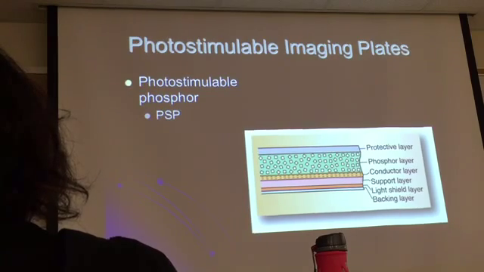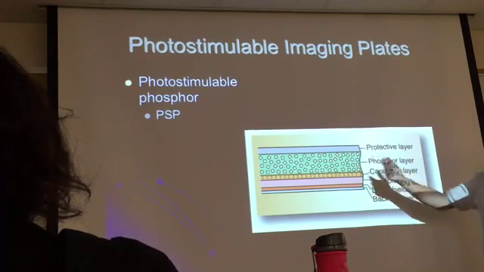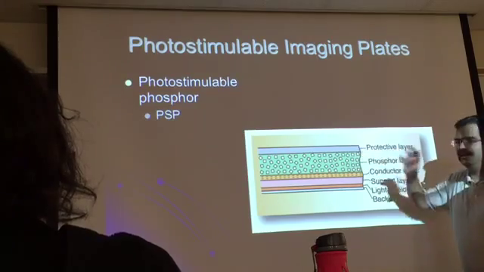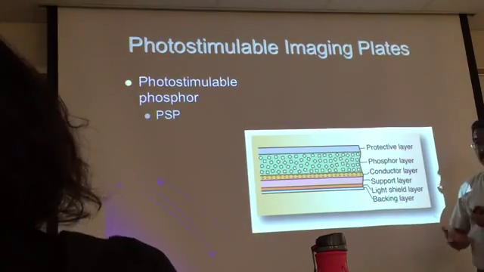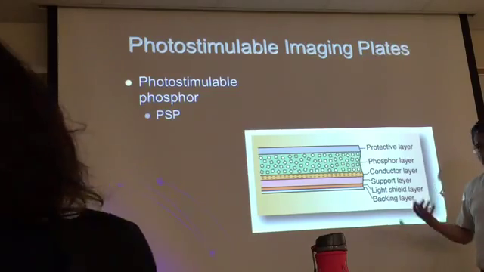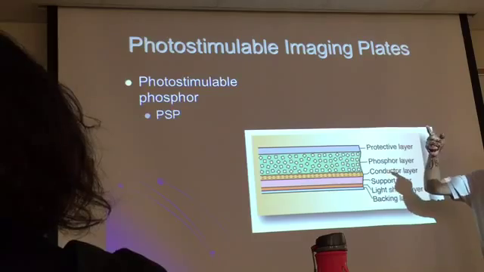You're looking at it and it kind of looks like film, kind of looks like a screen. Well, some of the names are similar, but what makes this thing work is different. You have the same principles though.